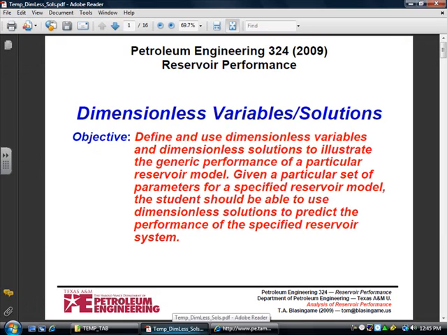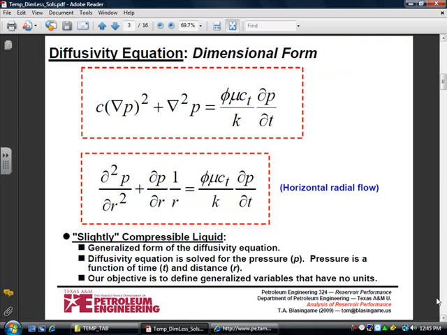Okay, so let's continue what we are doing. On Wednesday, we started the solution of the diffusivity equation. So if you remember the diffusivity equation, we are solving for the pressure, and the pressure is a function of time and radius.